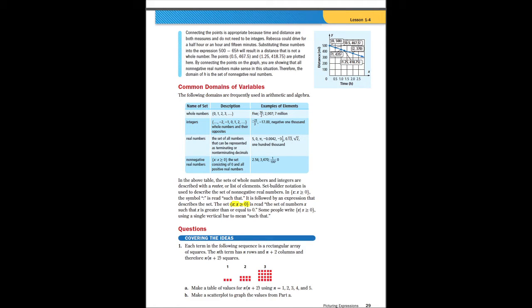So that's a bracket, and it's basically read as the set of numbers x such that x is greater than or equal to 0. Or we might say this as x such that x is greater than or equal to 0. You see here an alternative way of writing it. I would prefer we go with the first one, but this is what's called set builder notation. When you see it again, you know we've talked about it.